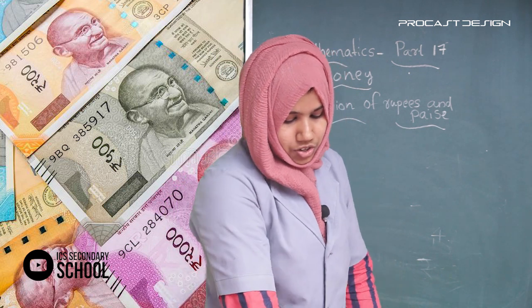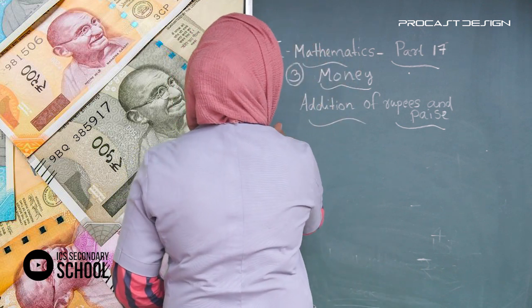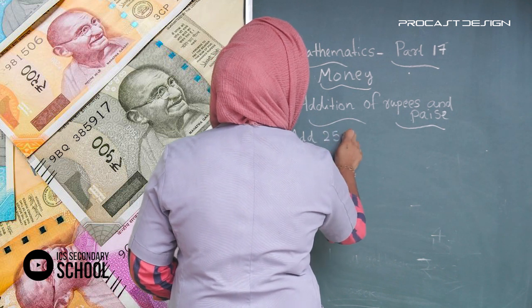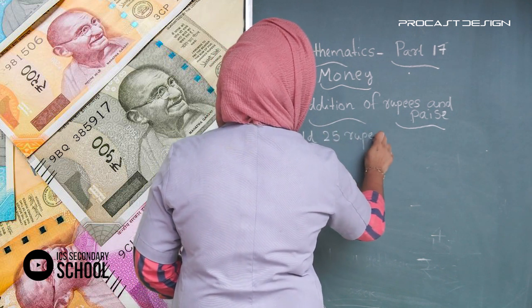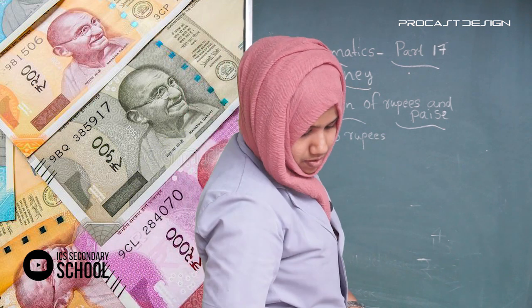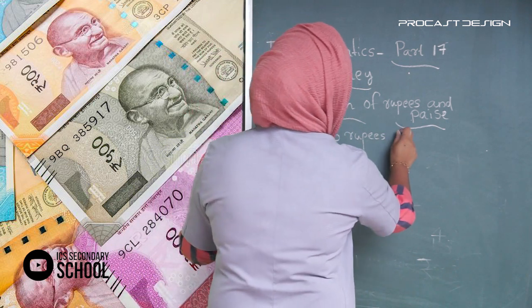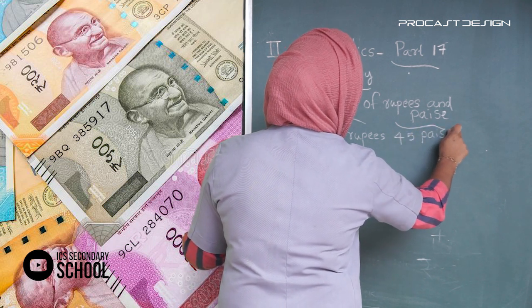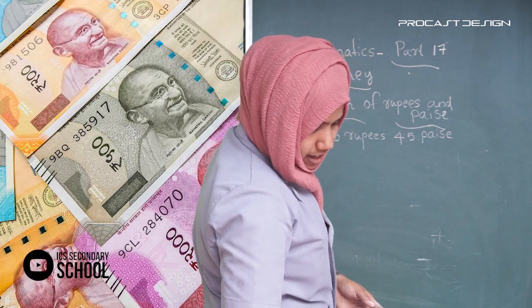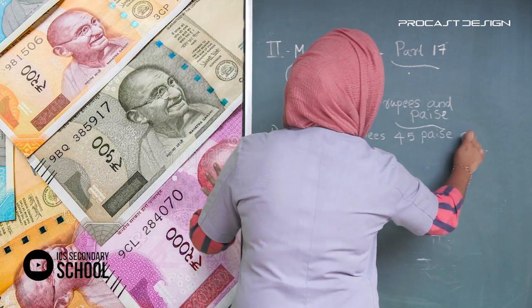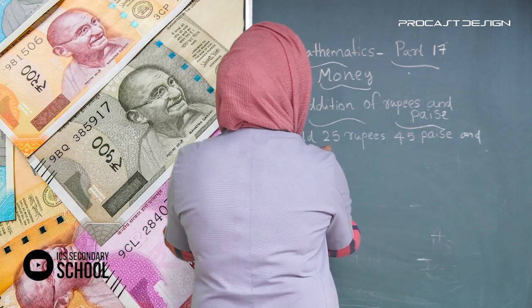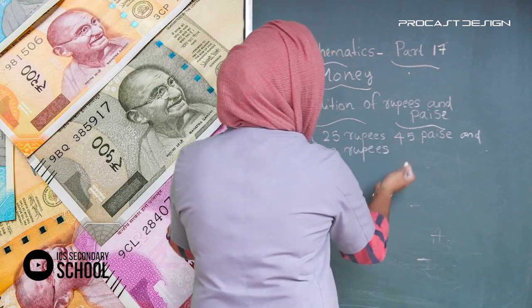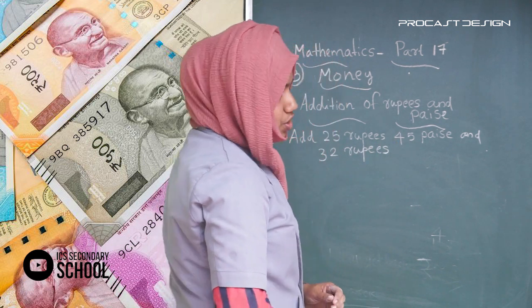So the question is, add 25 rupees 45 paise and 32 rupees 25 paise.